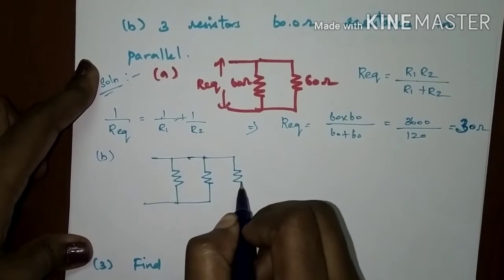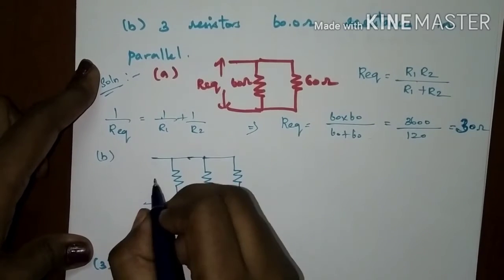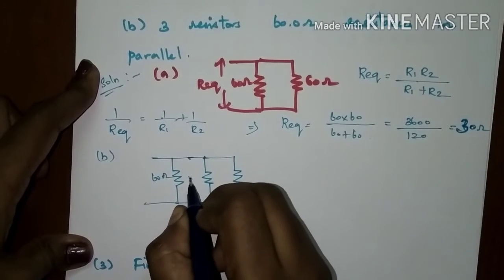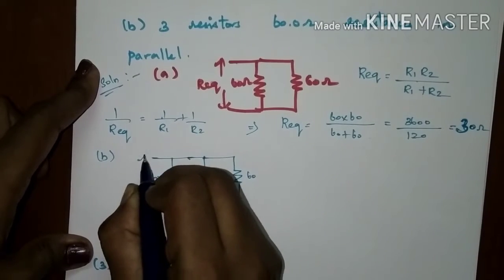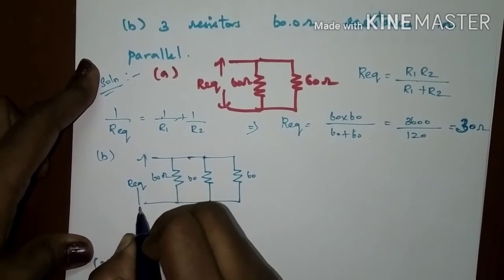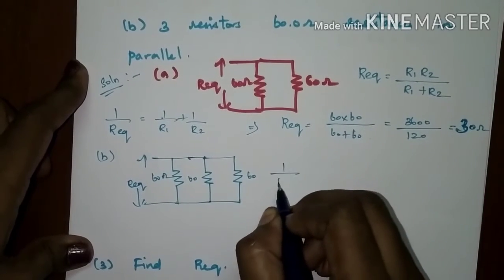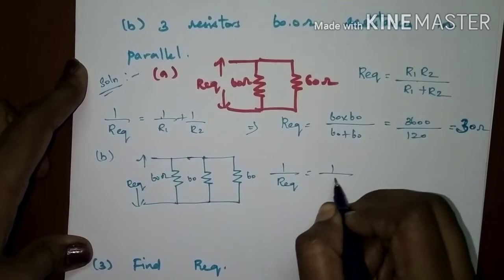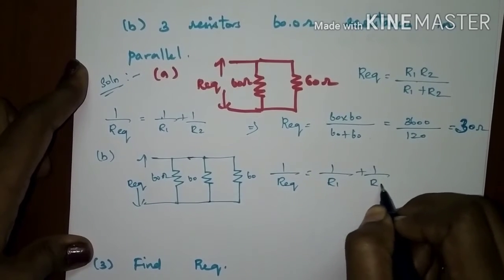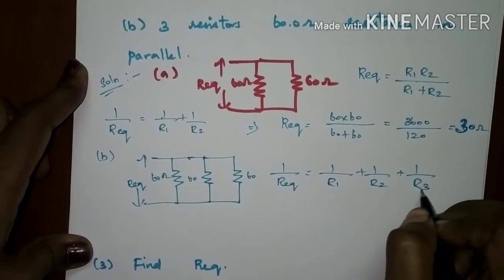In that case, connect 3 resistors in parallel, each of the same value 60, 60 and 60. There we have to find the R equivalent value. So, the formula is 1 by R equivalent is equal to 1 by R1 plus 1 by R2 plus 1 by R3.